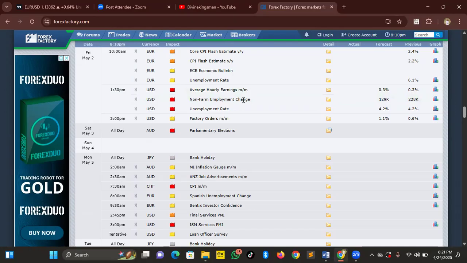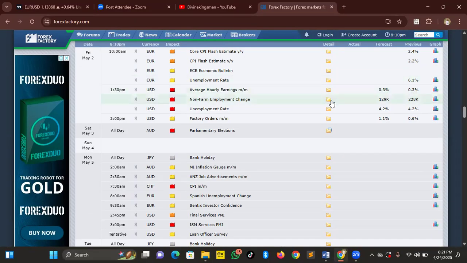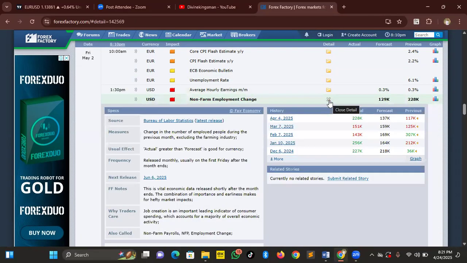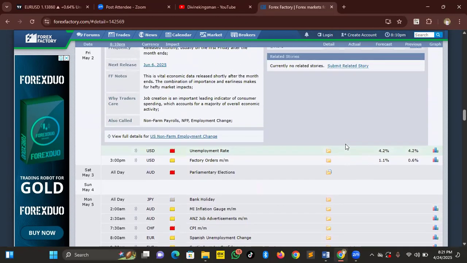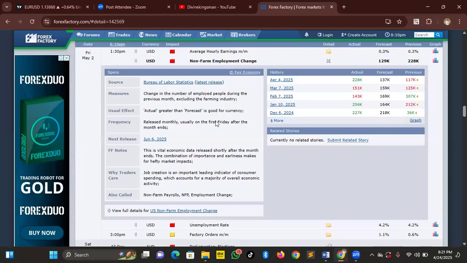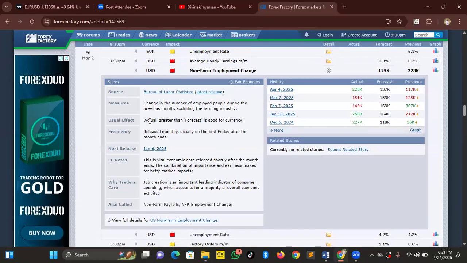Okay, I wanted to read something here. There's really something I'm looking for. Okay, this is what I'm talking about now: actual greater than forecast is good for the currency. Now let's just read here.